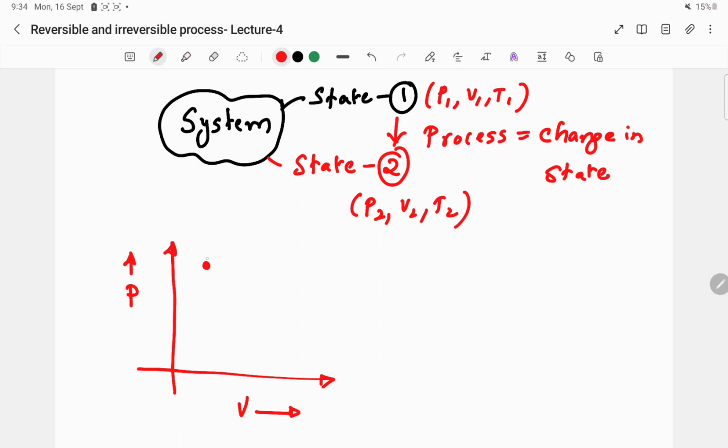So let's say this is the state 1, and there are many states, and let's say this is the final state. If we connect these dots of all these states, we get a path. We'll use this concept, and it is called PV diagram or also called indicator diagram.